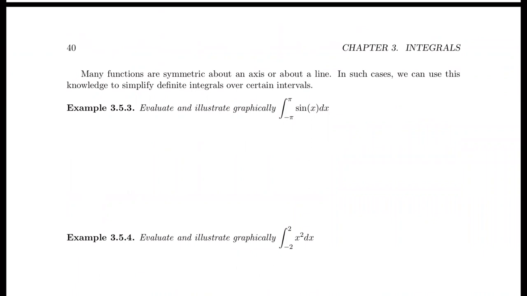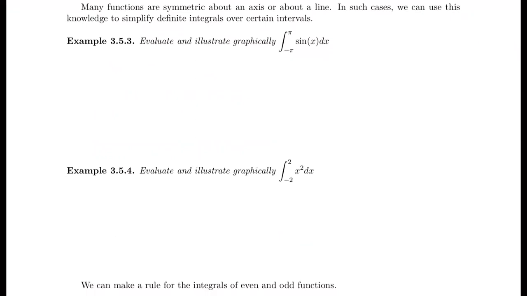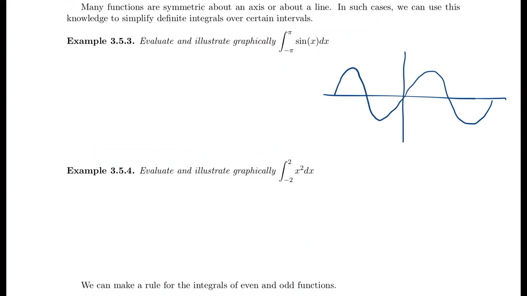So for example, let's say we want to evaluate the integral from negative pi to pi of sine x dx. Well, visually, I could see that if we want to go from negative pi to pi, so that means if we have this axis, for one direction and this one for another direction, this is negative pi and this is pi over here.